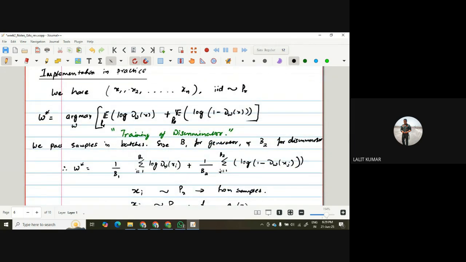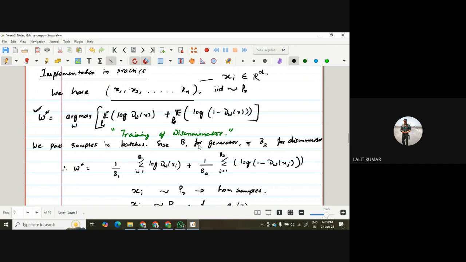In practice, we have got only these data points, and xi belongs to R domain D. Our optimization problem for W star is argmax of this function.